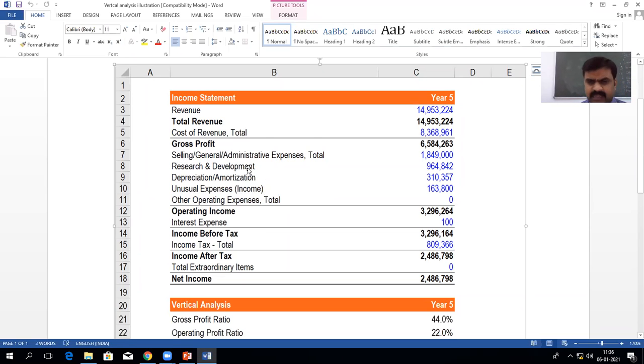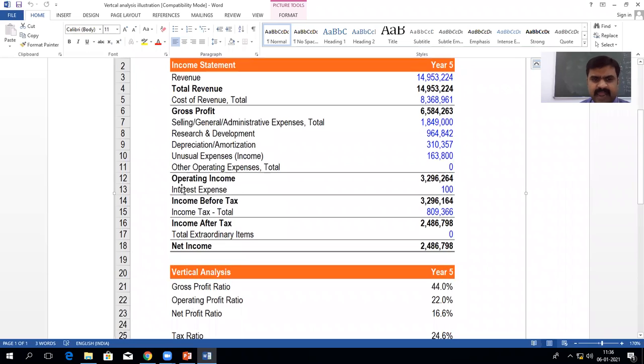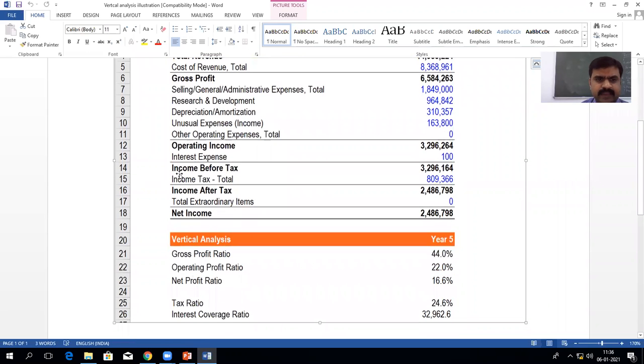Every company will have different expenses, so we will have to come up with various things. Then I will be adding operating income, then minus the interest expense, and then income tax. It becomes income before tax, then I'll minus tax and get income after tax, and then any extraordinary items, they will add that.